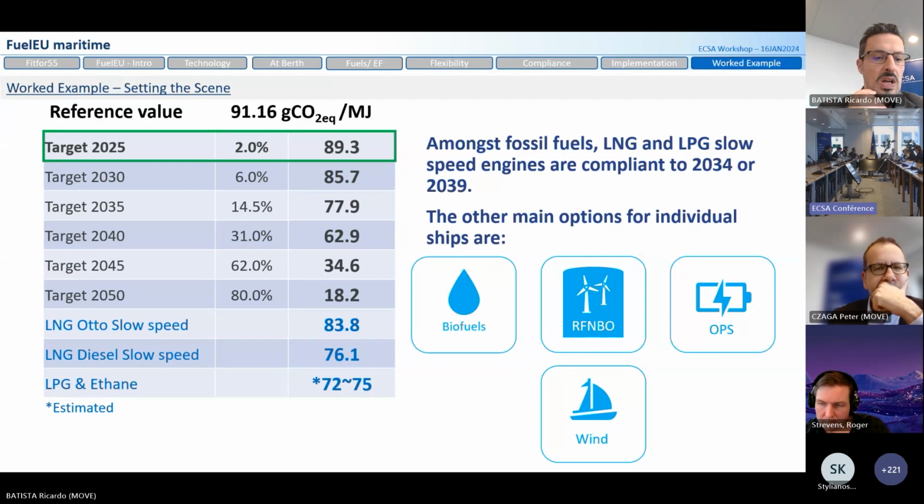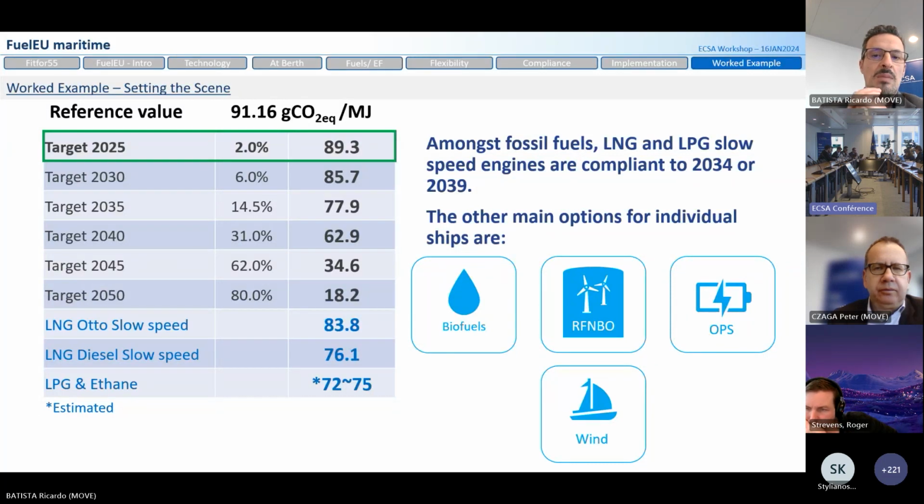We see LNG slow speed Otto and diesel cycle engines would lead to a route of compliance, LPG and ethane based energy systems also.